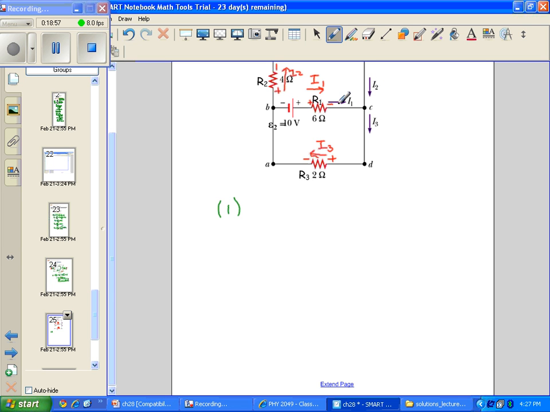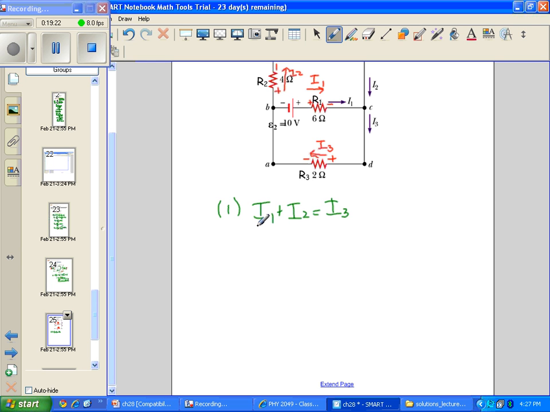Well, let's see what's going in. At the point C, I1 goes in, I2 goes in, but I3 comes out. So we have I1 plus I2 equals I3. That's our first equation. We need two more equations, and we're going to get these from the loop rule.